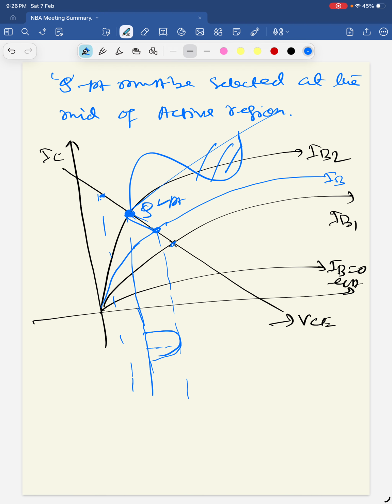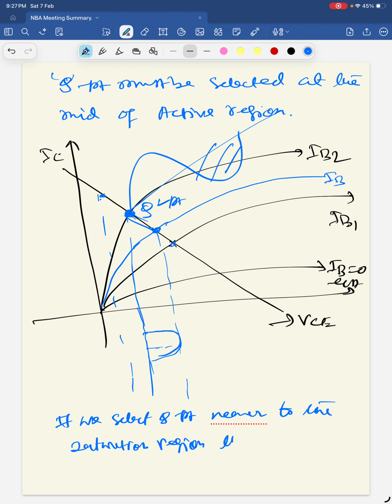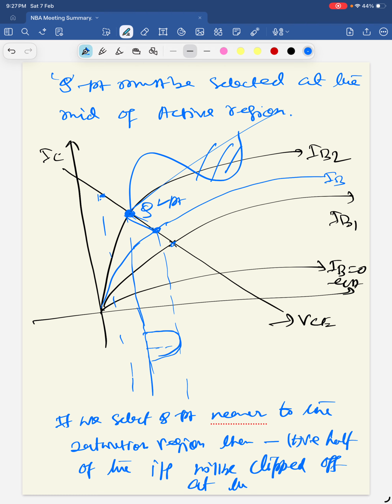So that means if we select the Q point nearer to the saturation region, then the positive half of the input will be clipped off at the output of the amplifier. So this is the main problem.